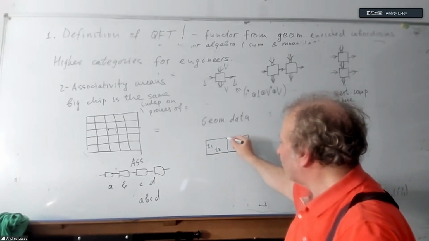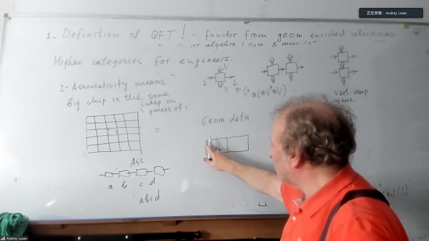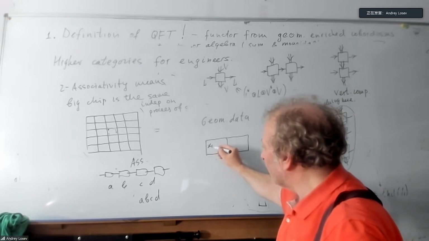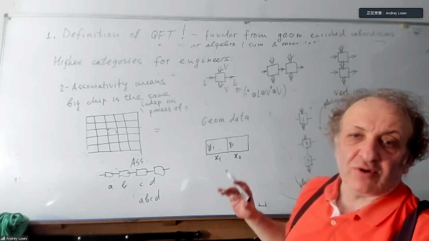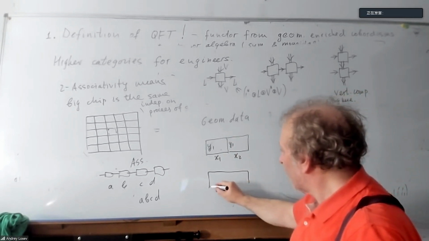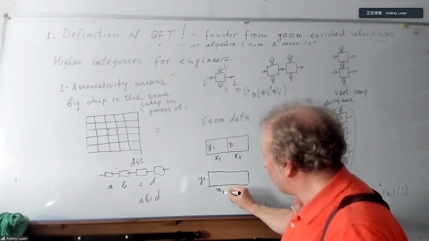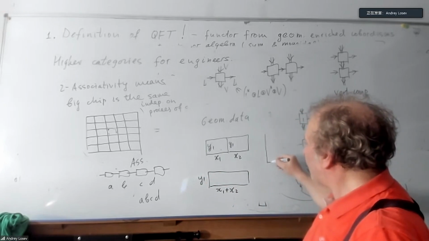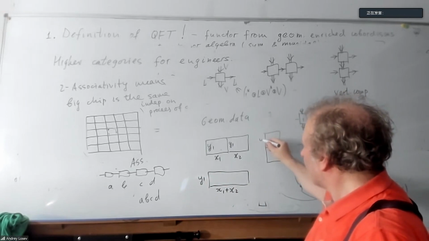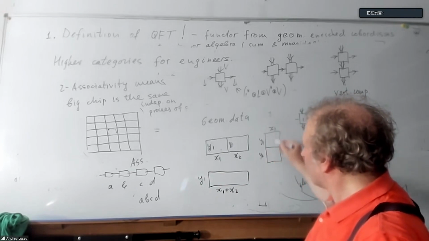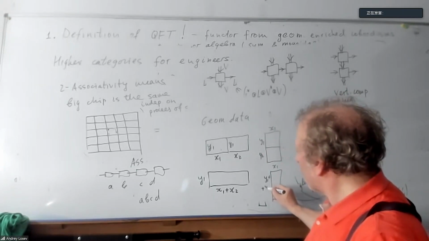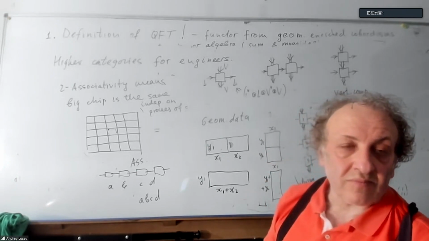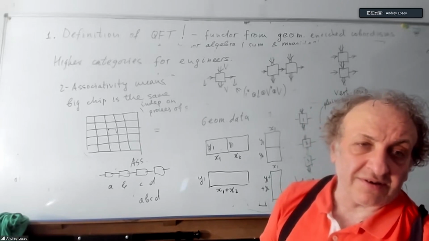And it is clear that if you join it, I'll call it X and Y. X is horizontal. Y1, Y1, X2. So when you are gluing rectangles, the result is Y1, and here we have X1 plus X2. And if you are gluing them vertically, you get this. So that's why with rectangles, it is easy.